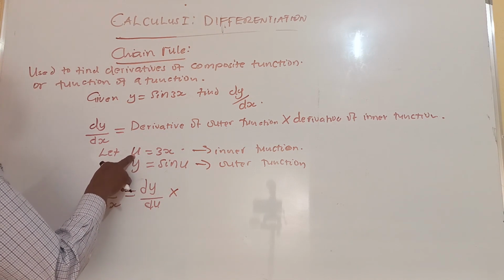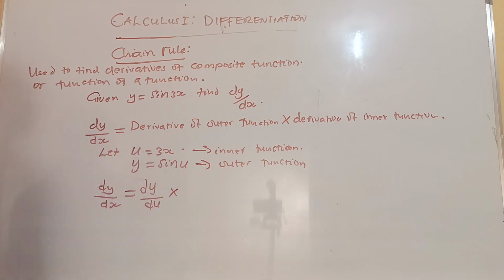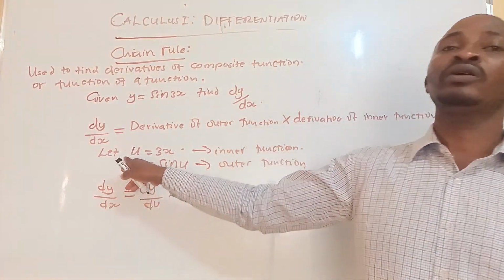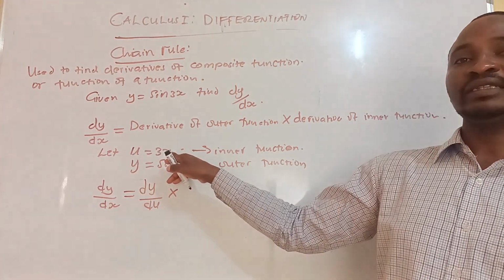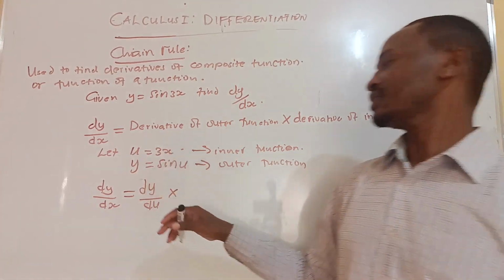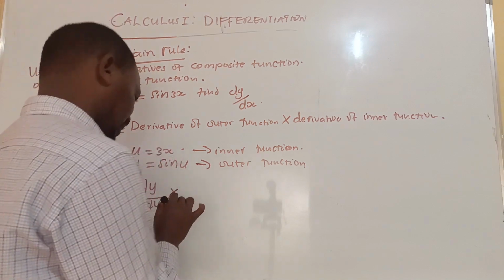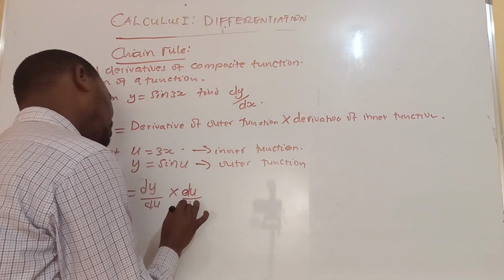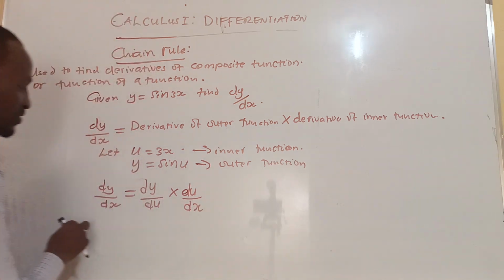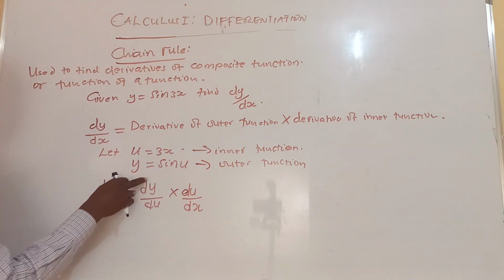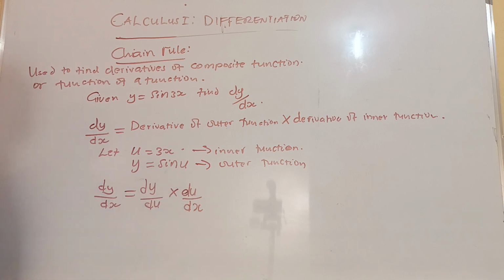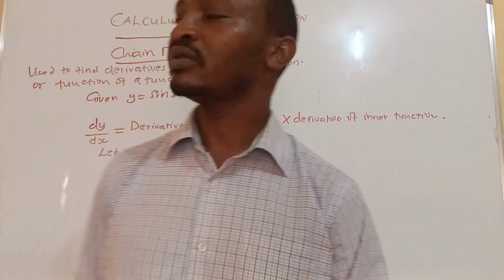Now here you have u being a function of x, where u is the dependent variable and x is the independent variable. If we differentiate that, we can call that the derivative of u with respect to x. So dy dx is equal to dy du times du dx. Notice we can cancel out to get dy dx as we expected.